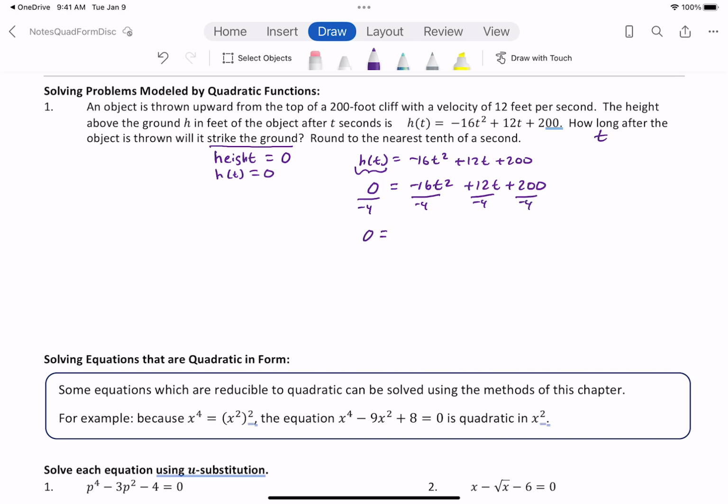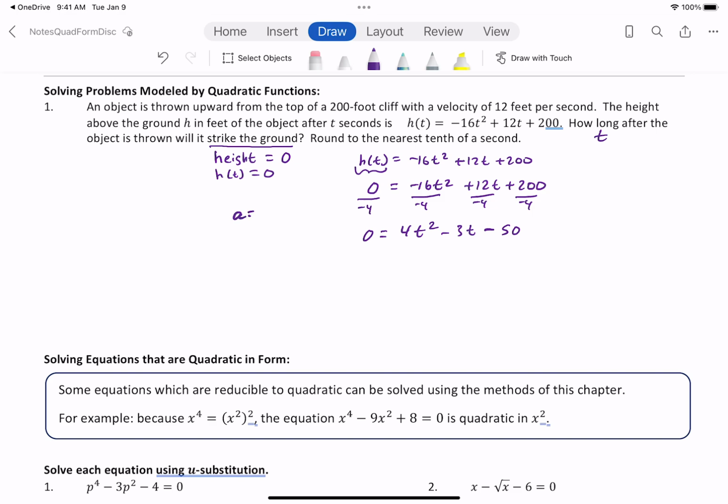If you don't recognize that they're divisible, you don't have to do this step. You'll get to the same place. -16 over -4 leaves me with positive 4t squared. 12 over -4 is -3t. And 200 divided by -4 is -50. So what that did for me is just make those coefficients a little smaller, maybe a little easier to handle.